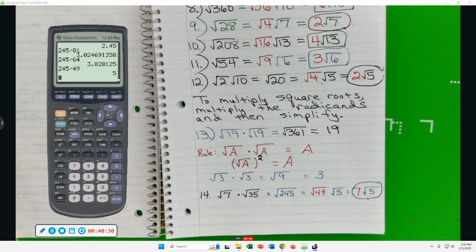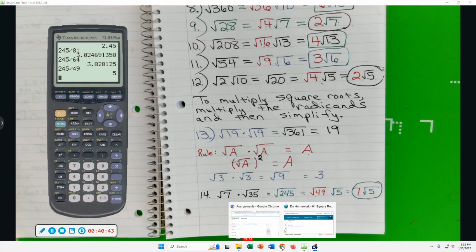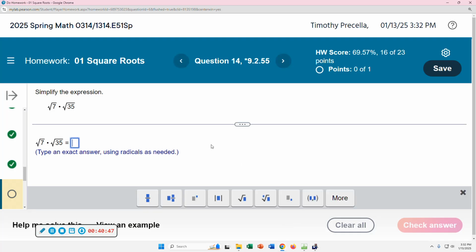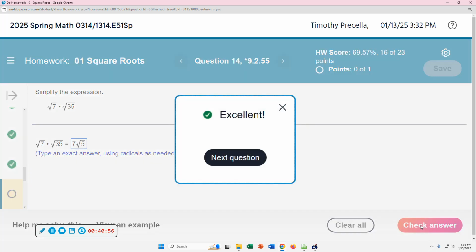Your goal is to get the correct answer as quickly as possible without cheating, okay? My goal is to show you my thought process, okay? So do you have to write out everything? No. But you get it as fast as you can. And what did I say that answer was? 7 square root of 5. Okay. Any questions there?